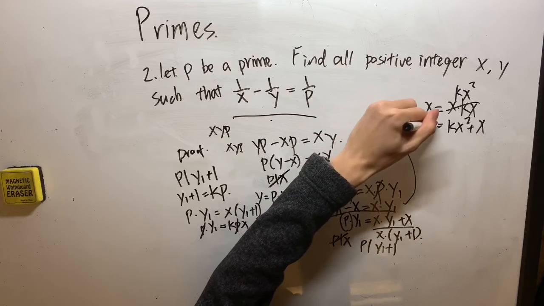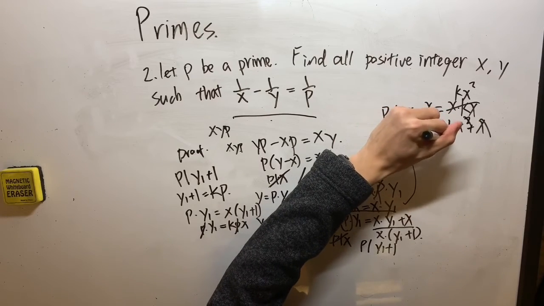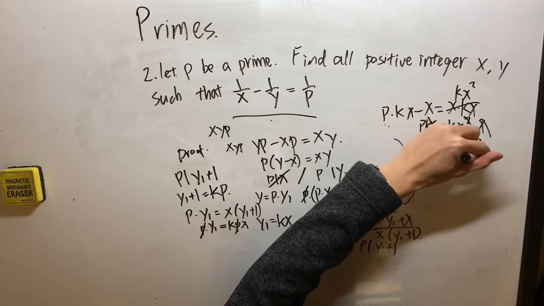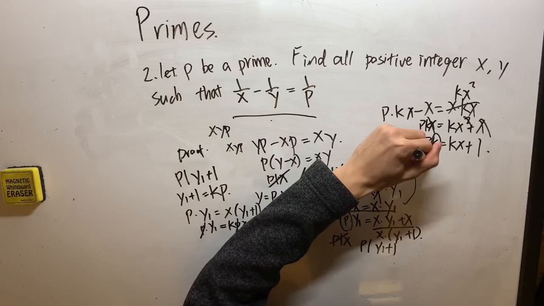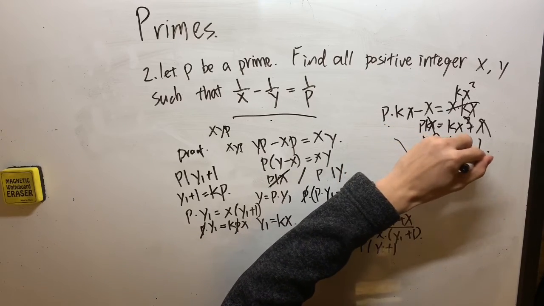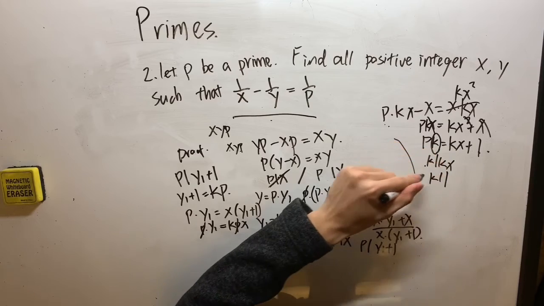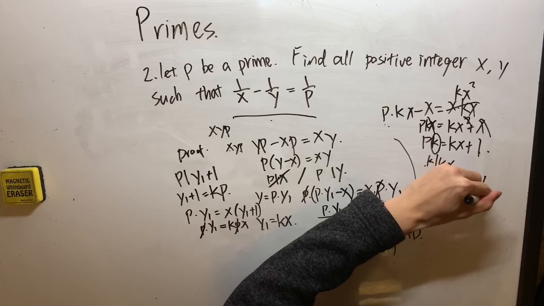We can cancel x on both sides. pk equals kx plus 1. Now you see k divides kx, so k must divide 1. Thus, the only number for k is k equals 1.